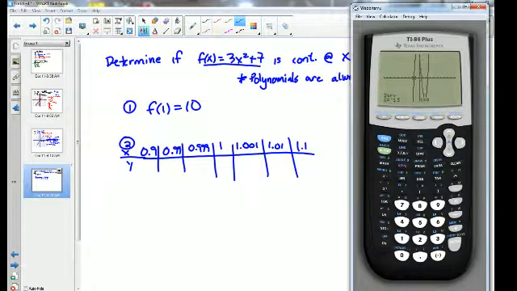In your y equals screen, put the function. 0.999.